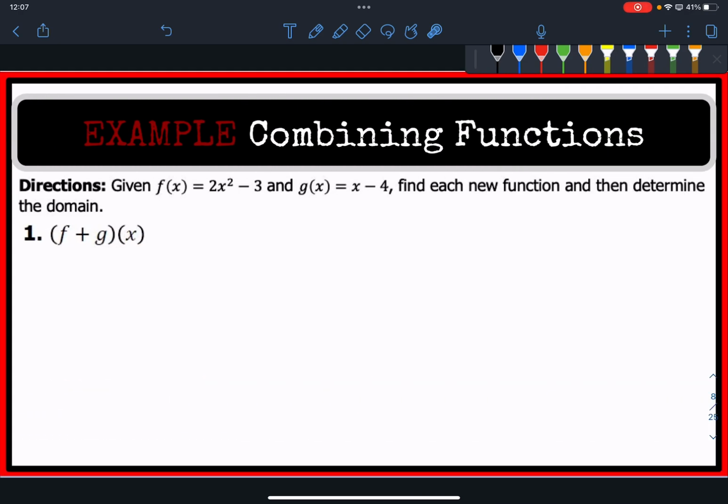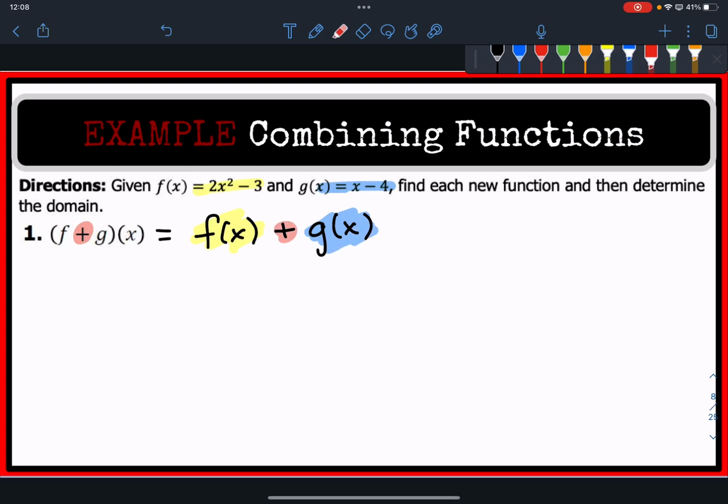So here we have the function f, we have the function g, and we want to start by adding these two together. Well, this notation means to get f of x and simply add it with g of x. So f of x plus g of x.